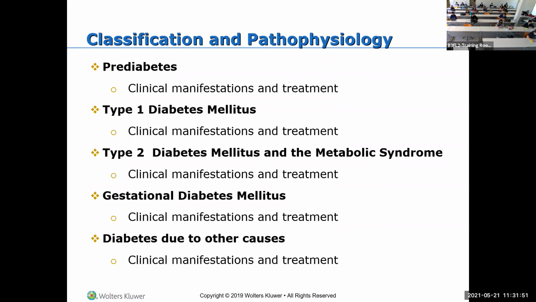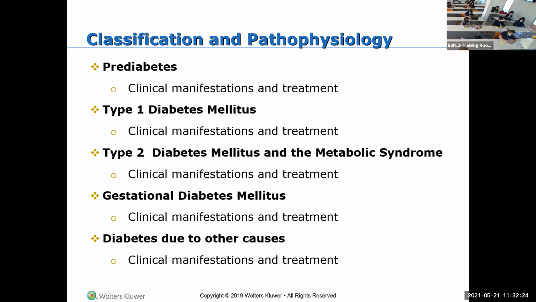So, clinical manipulation and treatment. In type 2 diabetes, insulin is okay. Insulin is produced, but the receptors of the body cells where insulin works are not responding. In type 2 diabetes, receptors are at fault.